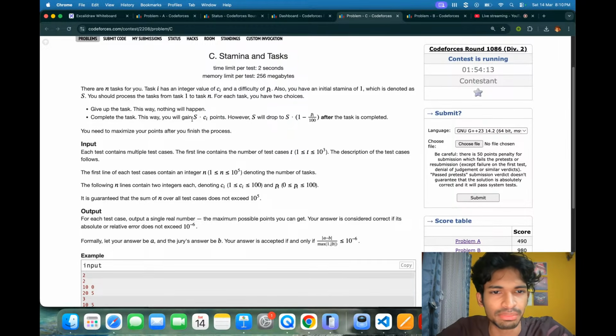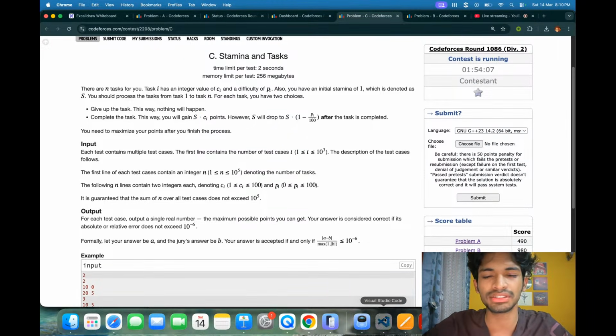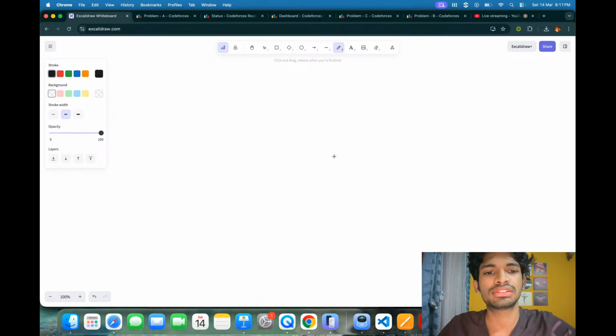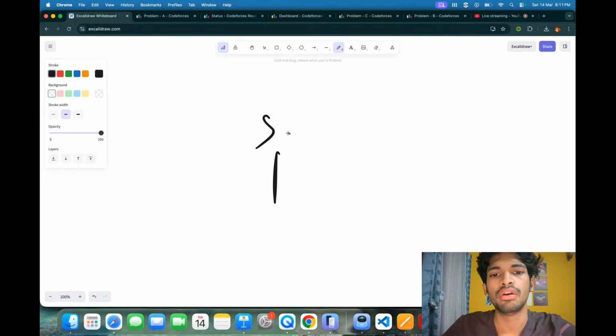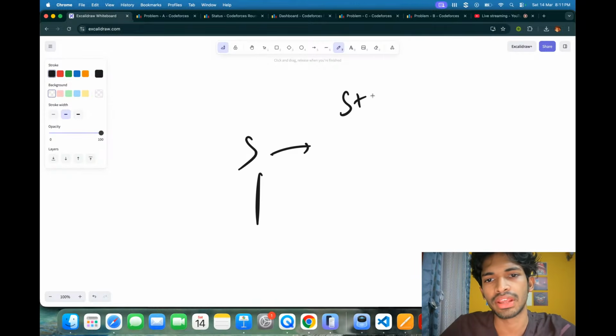You will gain this much and then it will drop to this much. So it seems too direct for me, right? Let's say what happens if you have s before that. I'll just write it here. If you have s before this one, what happens? You gain s times ci and then it drops.